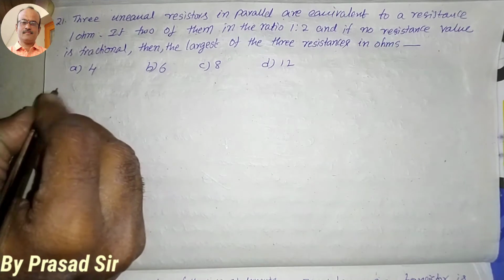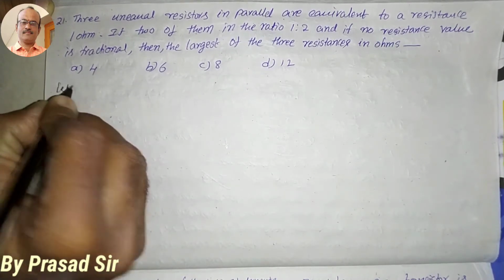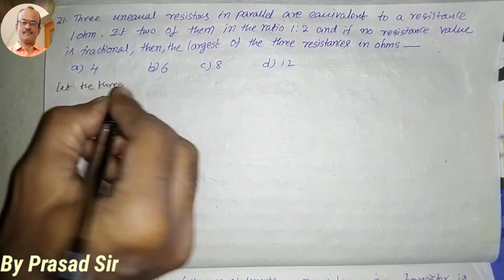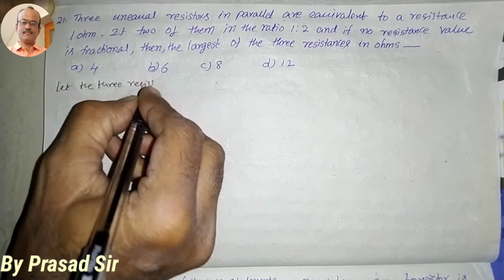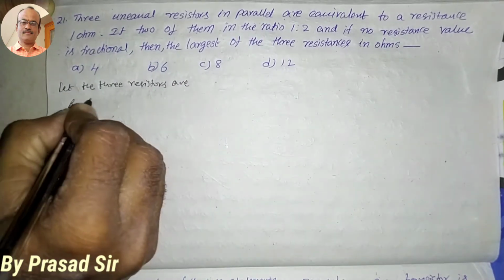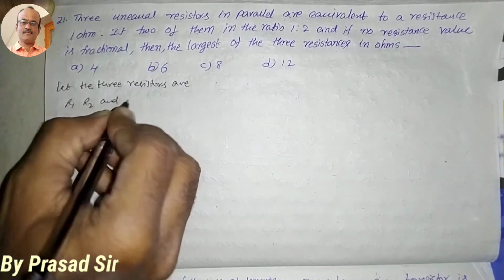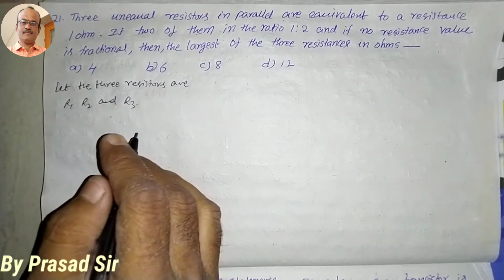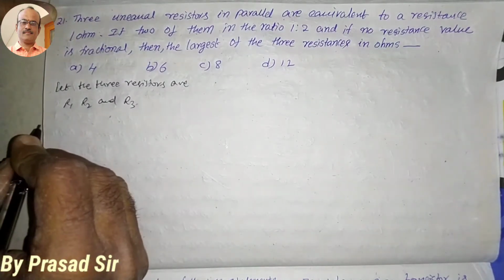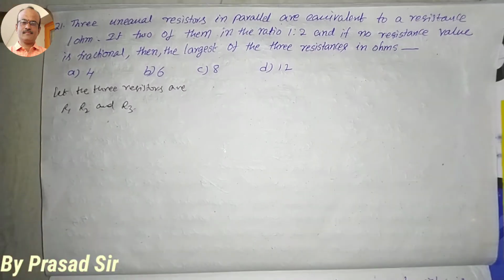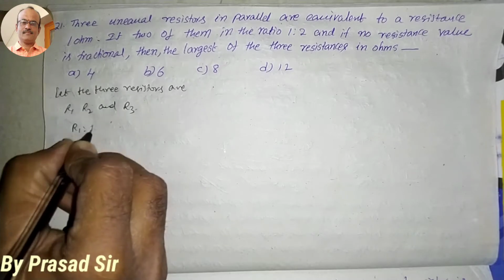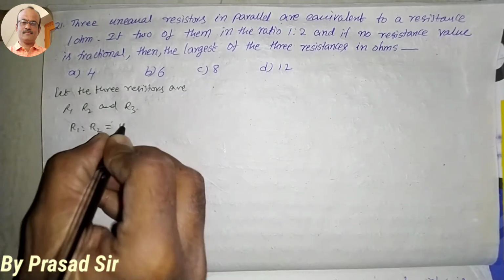So first of all, let the three resistors be R1, R2 and R3. Now, R1 is to R2 is 1:2.